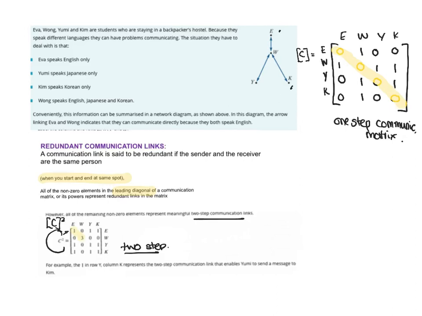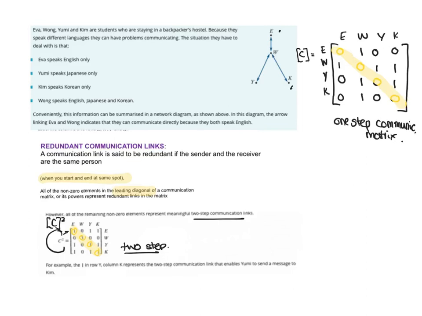So down here those are redundant as well, because we're sending a message off and it just comes back to the same person. When they ask how many redundant 2-step communications, you would just add up all of these.